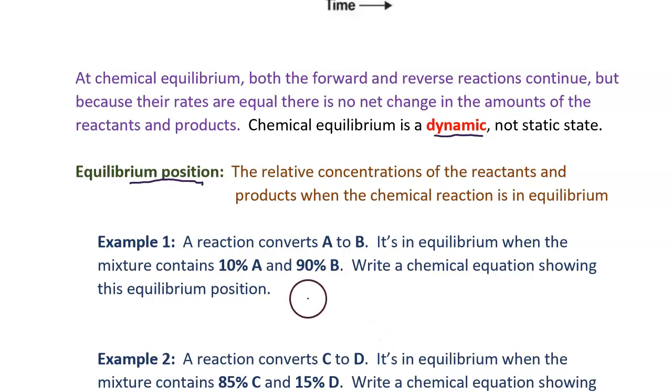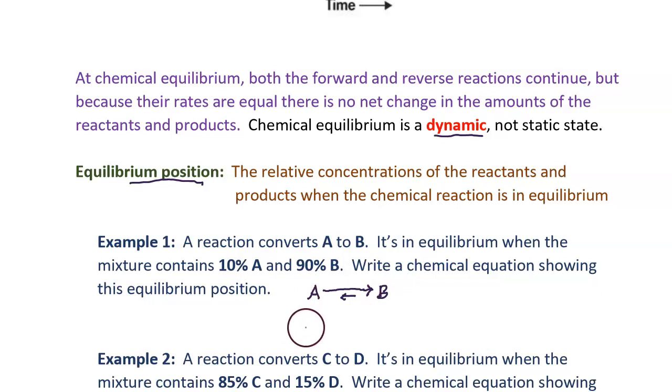Write a chemical equation that shows this equilibrium position. Like any chemical equation, you write the reactant first, then the arrow, and then the product. We're going to use a double arrow to show that this is a reversible reaction. But when we draw the double arrow, we're not going to make them the same length. The forward reaction will be a much longer arrow than the reverse reaction.